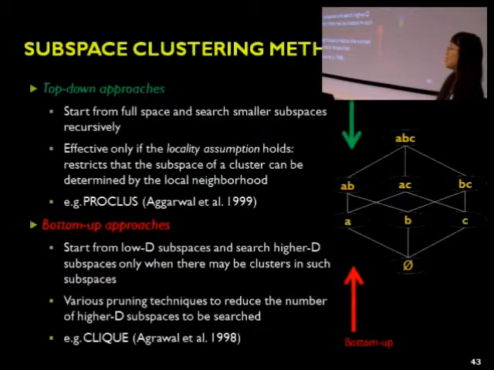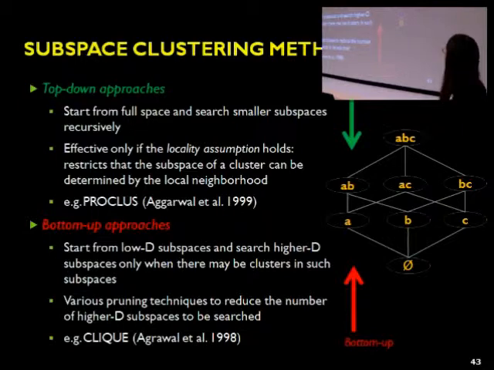Subspace algorithms can be classified into two categories. The first one is the top-down approach, and the second one is the bottom-up approach. As the name implies, the top-down approach starts from the full space and looks for patterns in reduced subspaces with a reduced number of attributes.